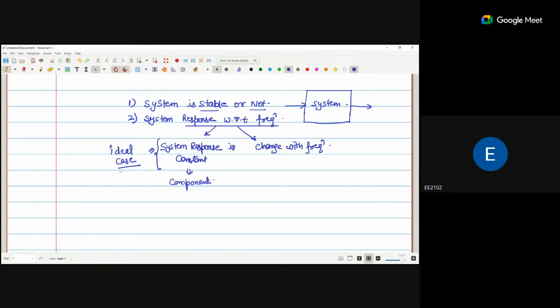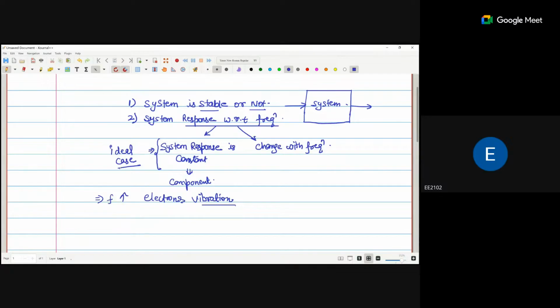If you increase the frequency, the electron vibration is increased, and due to this vibration, the response will change.